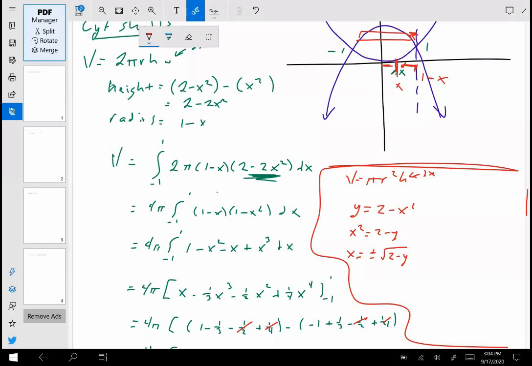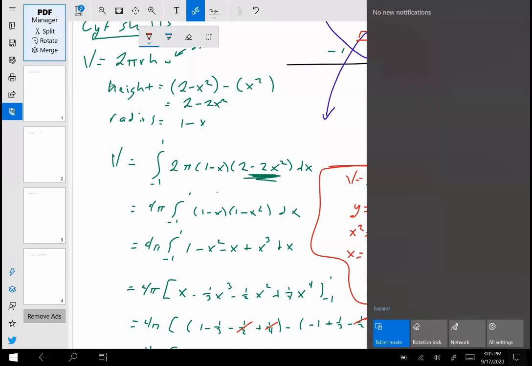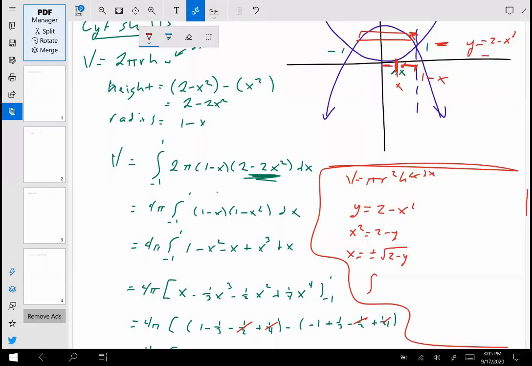So we're just going to have to set up the one integral, and we'll go from, what are the y coordinates here? I know the x coordinate was 1, and y equals 2 minus x squared. So 2 minus 1 would be 1 as well. So we're going to go from 1 to 2, because the top of that parabola is at 2. That's the whole height that I need to go in between there.